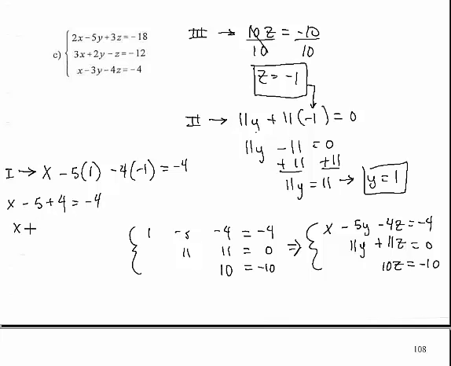Negative 5 and 4 is a negative 1. And if I add 1 to both sides, I get a negative 3 for x. So my solution is negative 3, 1, negative 1. And if you write it as a triplet this way, you have to put it in the right order, x, y, z.